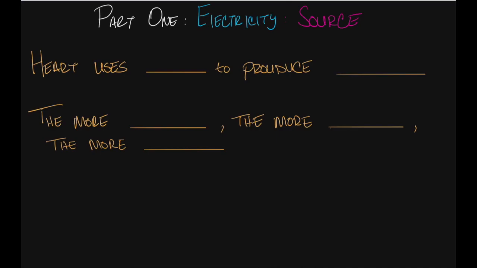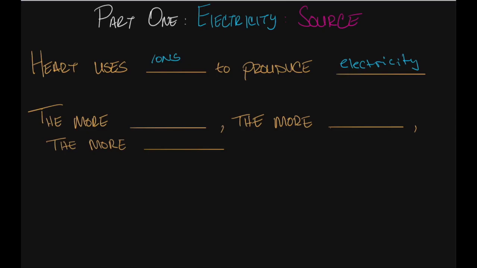Well, we know that the heart uses ions like sodium and potassium to produce electricity. It does that by allowing those ions to flow in and out of the cell, and that flow produces the electricity needed to start the process of contraction.